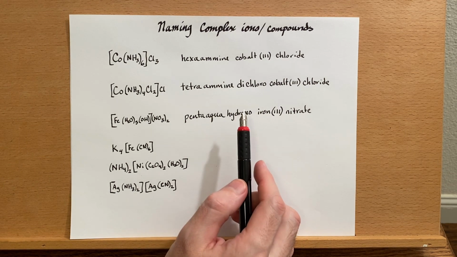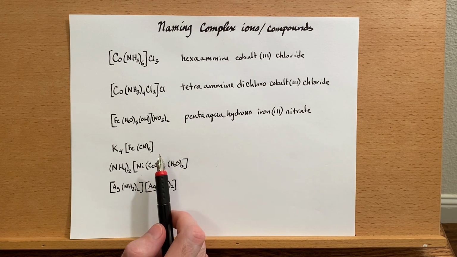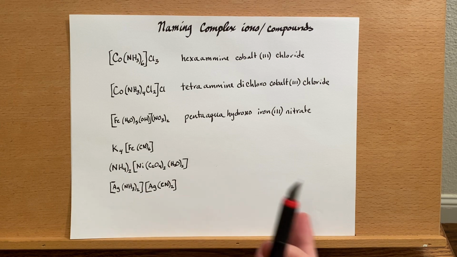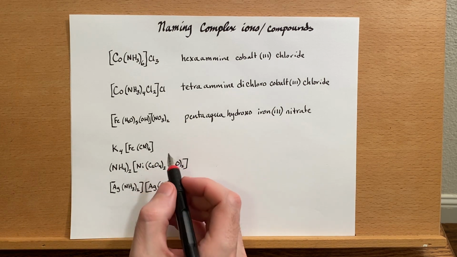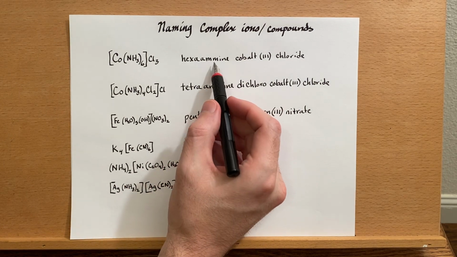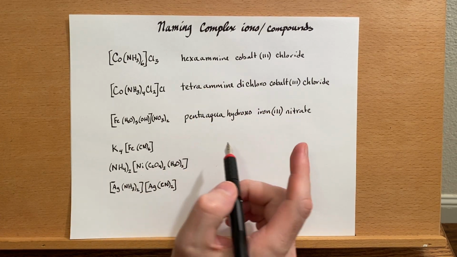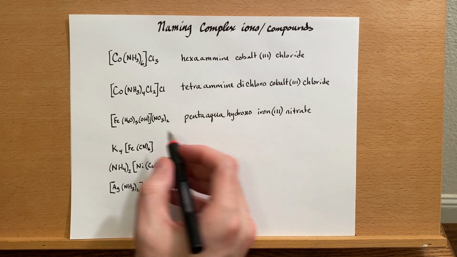If you had an iodine, you'd call it iodo. If you had a sulfate there, you call it sulfato. Ends in an O, because it's negatively charged. These, the amines, the aqua, they don't end in an O. They're not negatively charged. That's why.